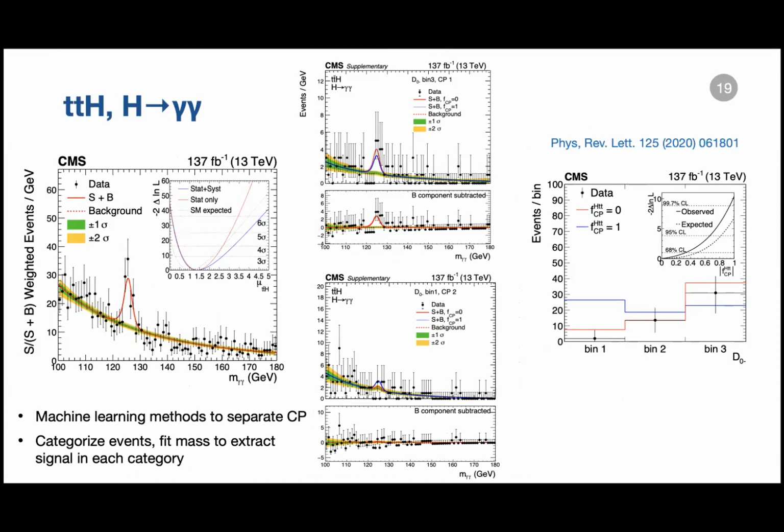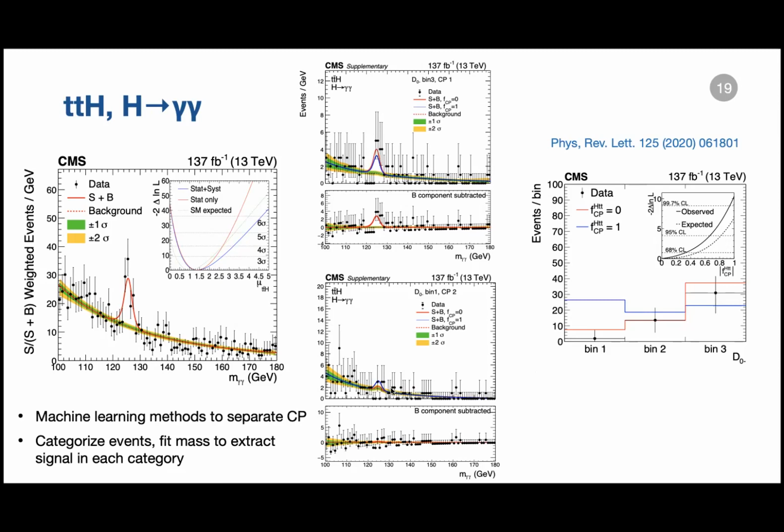The first analysis to do this is the gamma-gamma final state, where the ttH Higgs decays to gamma-gamma. And people train the machine learning techniques to separate different CP hypotheses and then put events into different categories. For example, in this category, the standard model, which is the red one, has a higher number than the CP odd, which is the blue one. And in this category, it's the opposite.